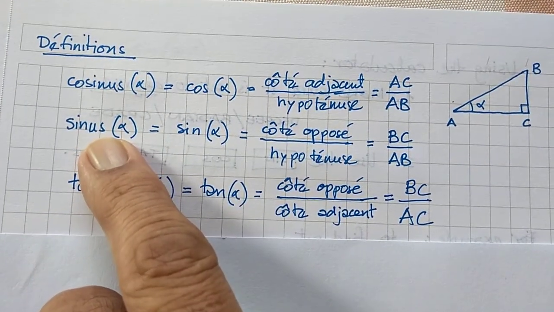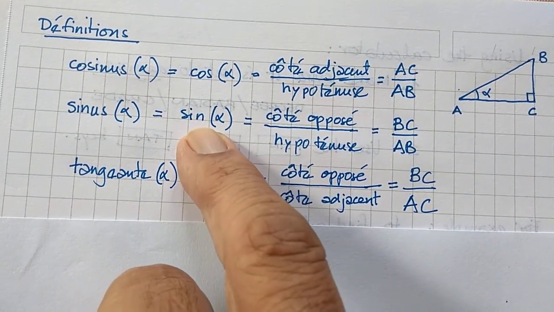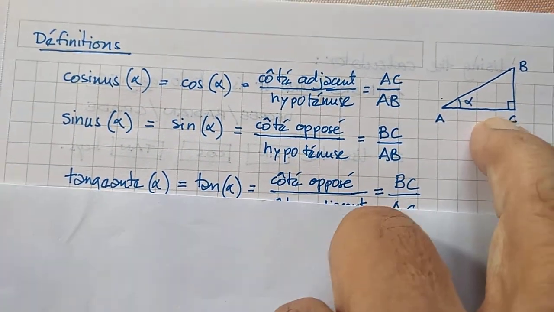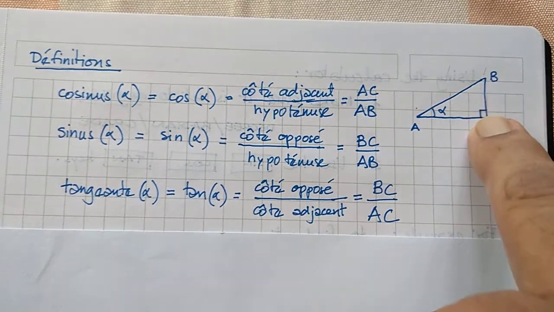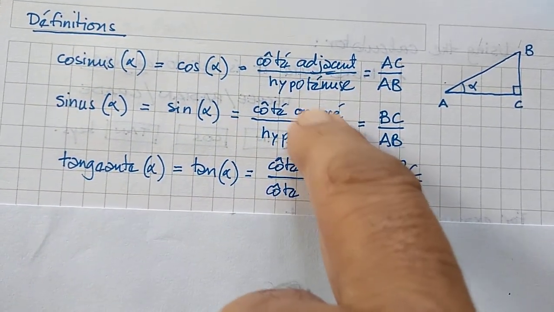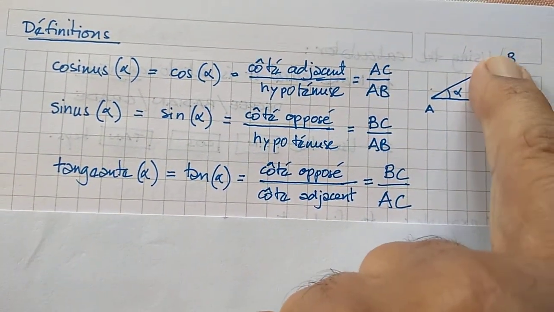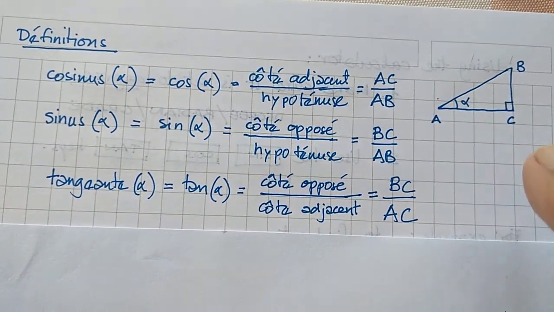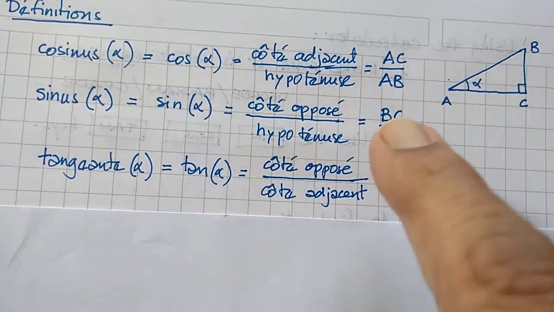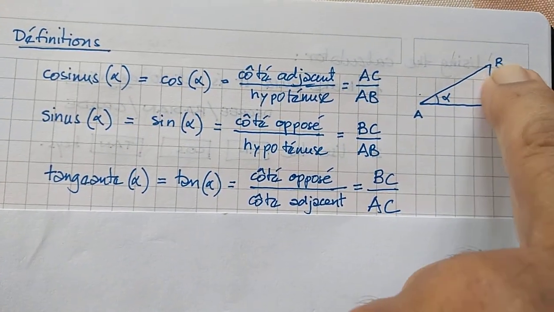The next ratio is called sinus alpha. It's also written as sin alpha. Côté opposé sur hypoténuse. Alors dans ce cas, on a BC sur AB, côté opposé. Côté opposé à quoi? Côté opposé à l'angle alpha. So this is the side which is opposite angle alpha. So you get BC sur hypoténuse, so you get BC sur AB.